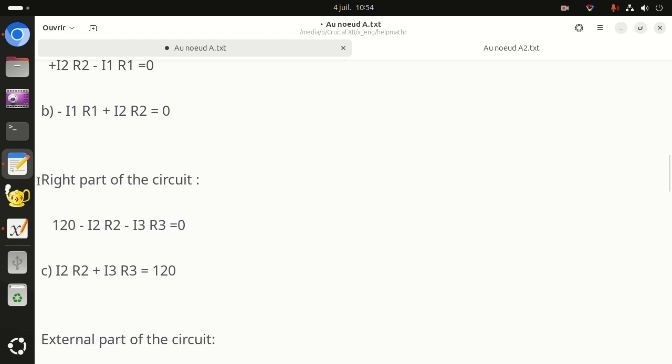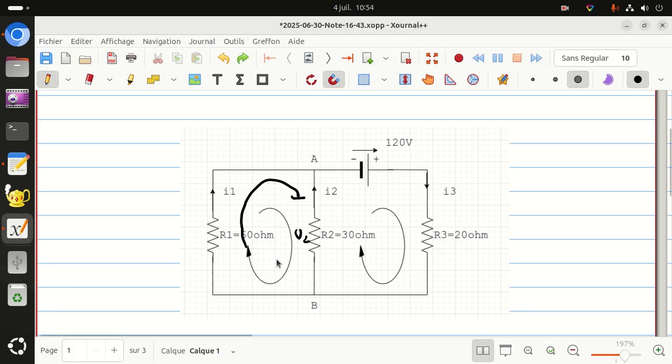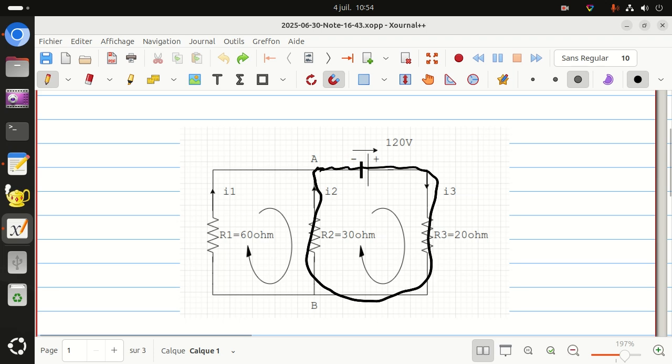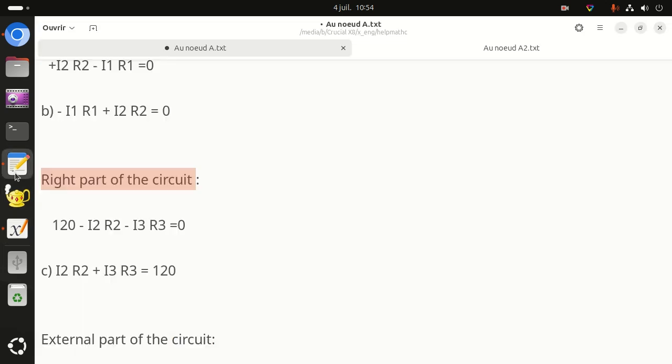Now I want to work with the right part of the circuit. This is the right part of the circuit. I have chosen the same direction for the loop. You can see here this voltage V2 and V3 are drop, the voltage drop.